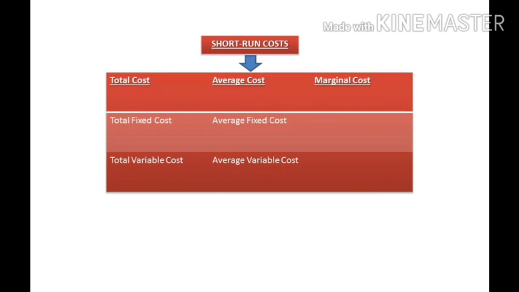The major classification is between total cost, average cost and marginal cost, followed by sub-classification of total cost curves into total fixed cost and total variable cost. Similarly, average cost is also sub-classified into two groups: average fixed cost and average variable cost. Marginal cost has no classification. This is the classification or the flow chart of the short run cost curves.